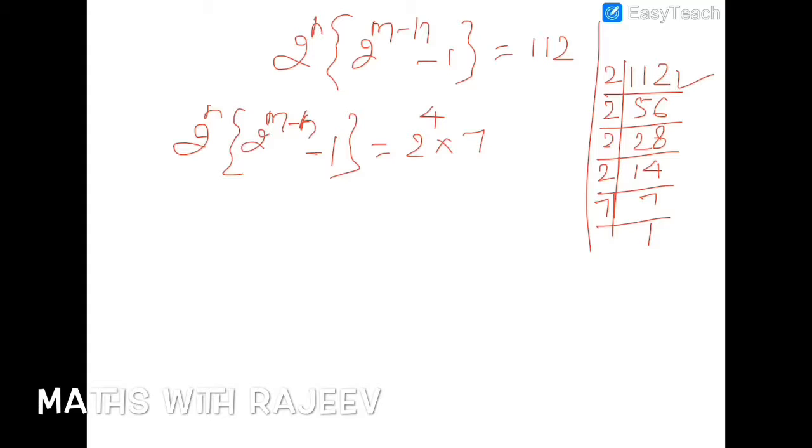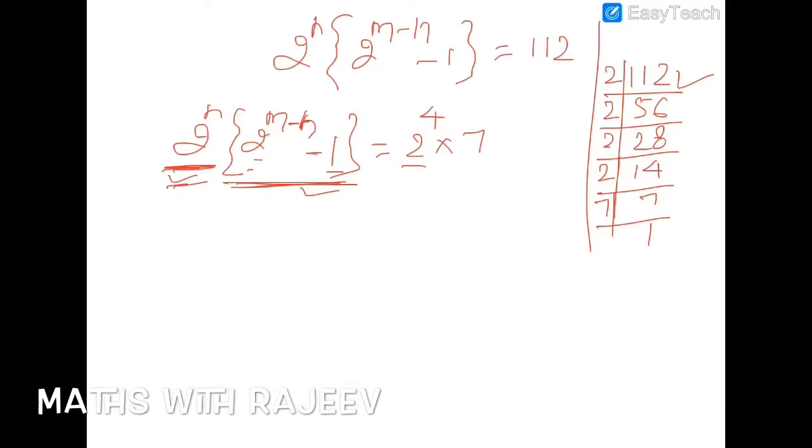Now here we can say, if we check this, only this one is even and this is odd. Why is it odd? Because 2 power m minus n, that is 2 power anything, is always even, and if you subtract 1 from an even number, you get an odd number. It means that this whole is odd and this is even.